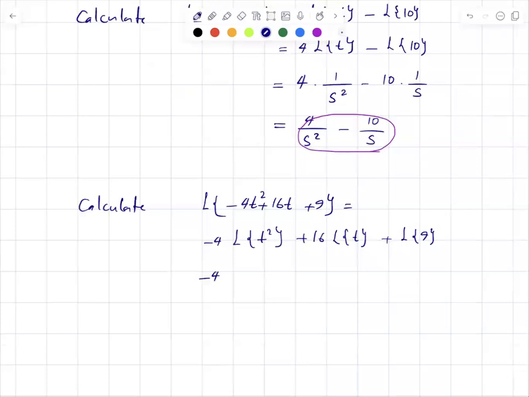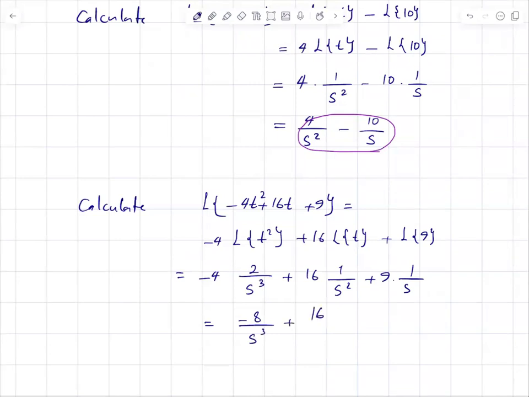So you get negative 4 times 2 divided by s cubed, plus 16 times 1 divided by s squared, plus 9 times 1 over s. Or you get negative 8 divided by s cubed, plus 16 divided by s squared, plus 9 over s.